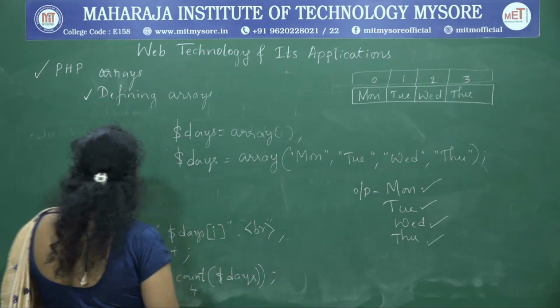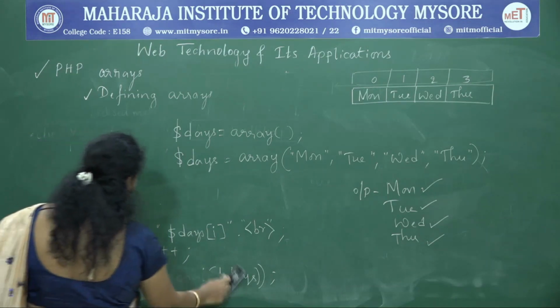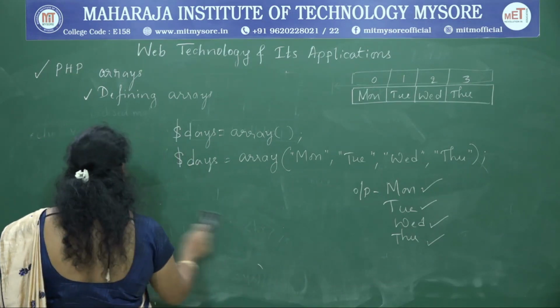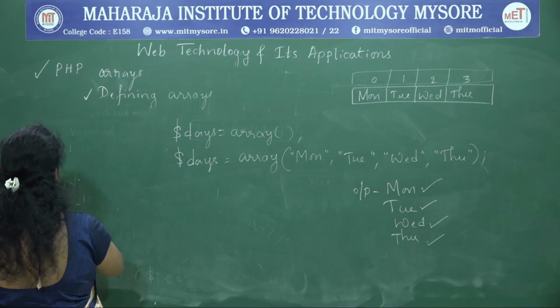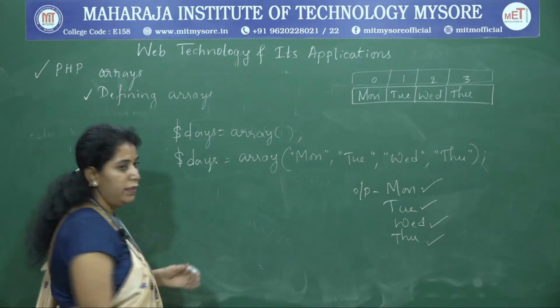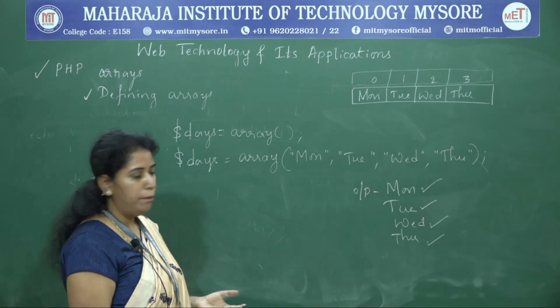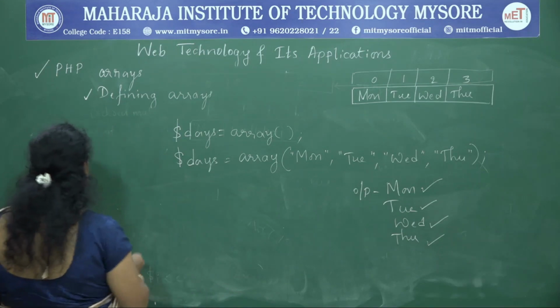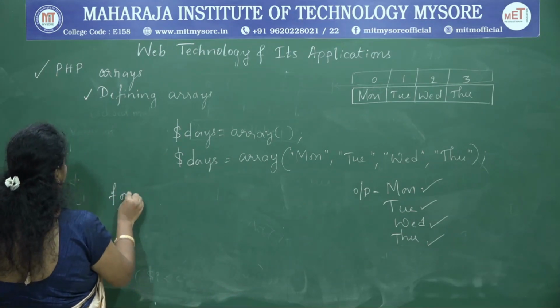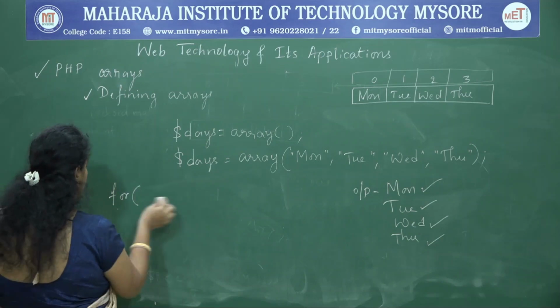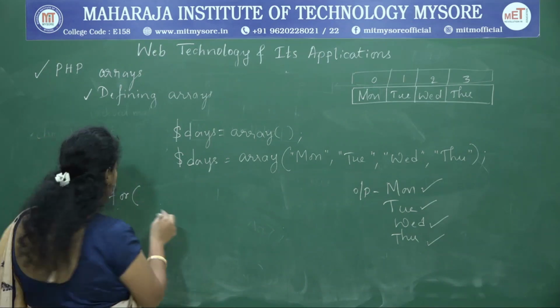So next we have to think of using for loop. Yes, how we have dealt with while and do while loop, in the same way we can work with for loop. For has 3 expressions, is it right?